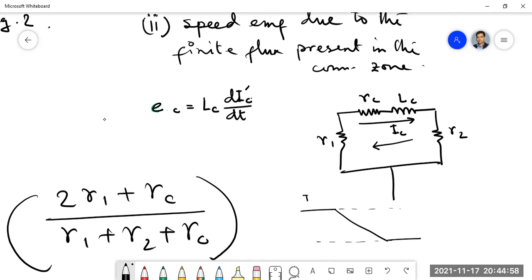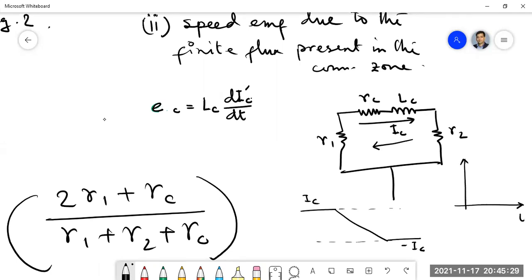Can the current change like this, or can it not? You can say this from your circuit theory knowledge. As if you have a ramp input on the circuit. Let us take the RL circuit.